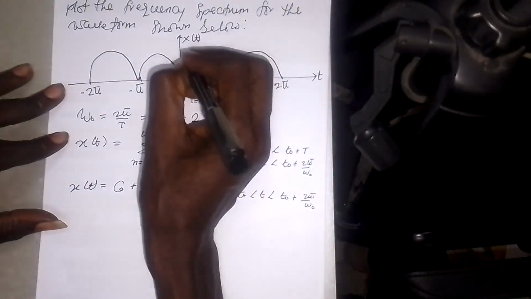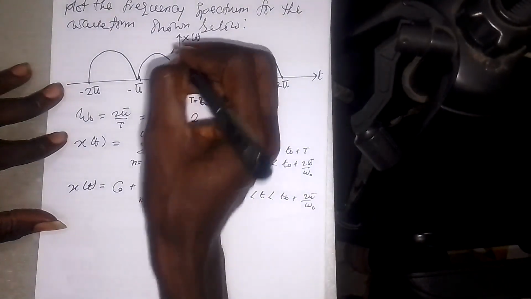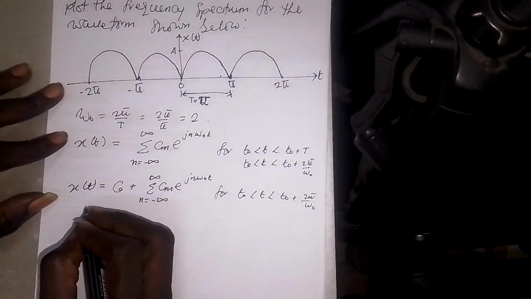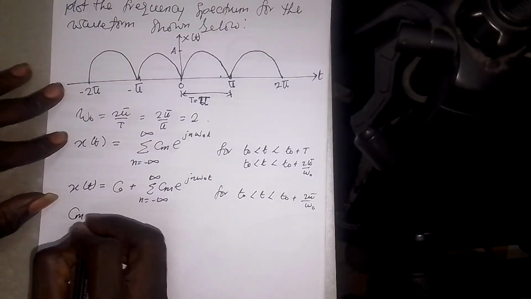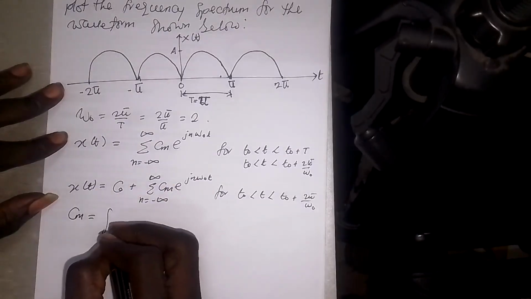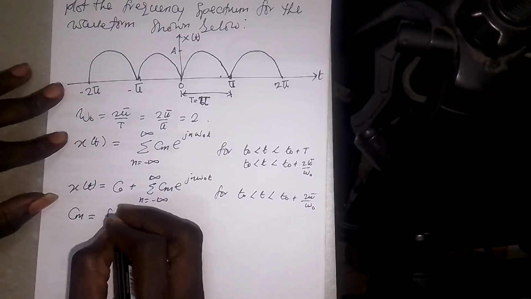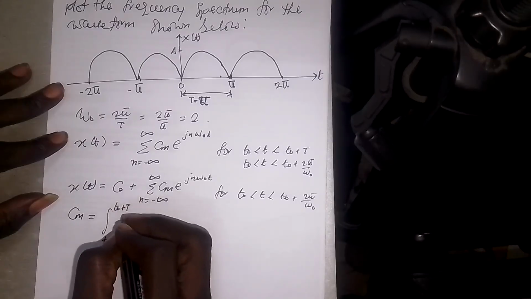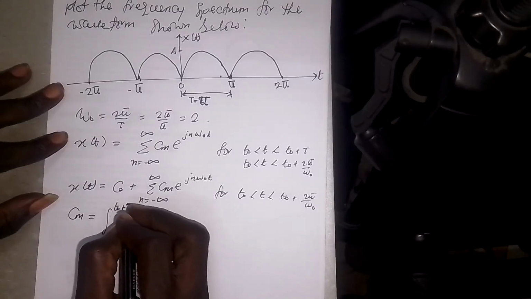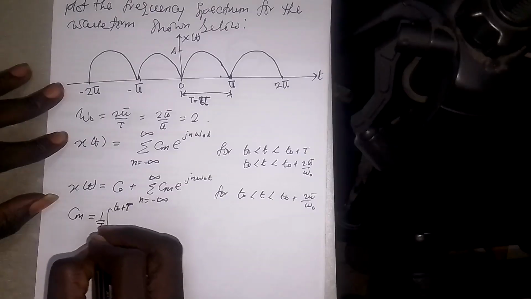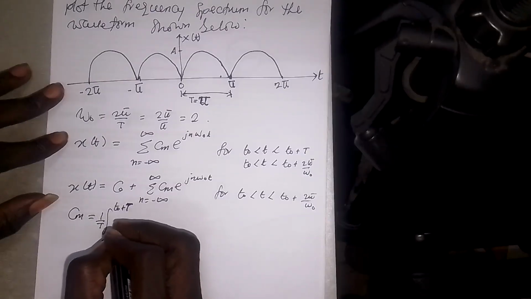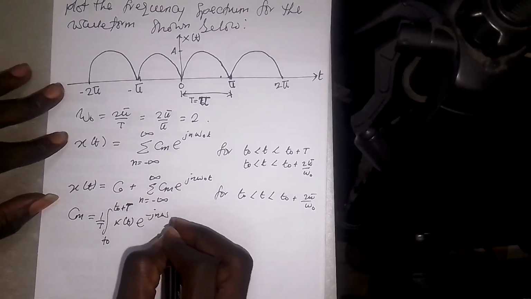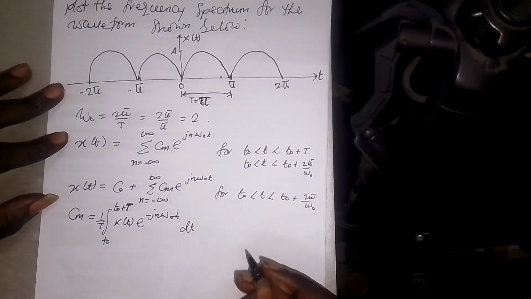One thing we have to note is that here A is the amplitude. So c_n is equal to 1 over T times the integral from t naught to t naught plus T of x of t into e^(-j n omega naught t) dt.